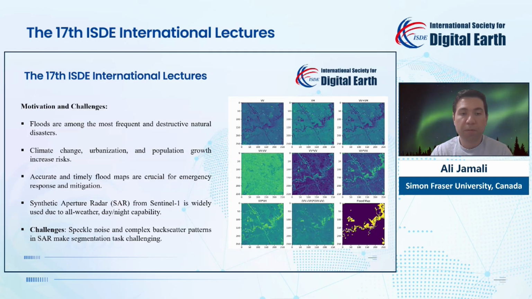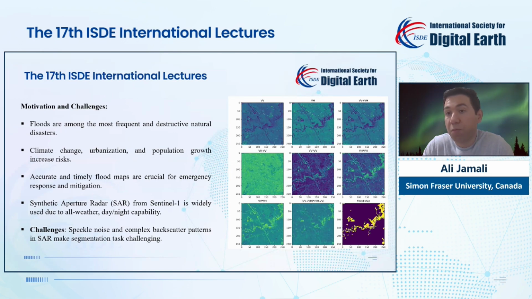As lectured by Dr. Avik, we have synthetic aperture radar, SAR, from Sentinel-1, which is widely used for different applications. We saw lots of applications of SAR Sentinel-1, from flood mapping to land use, land cover mapping, and object detection.